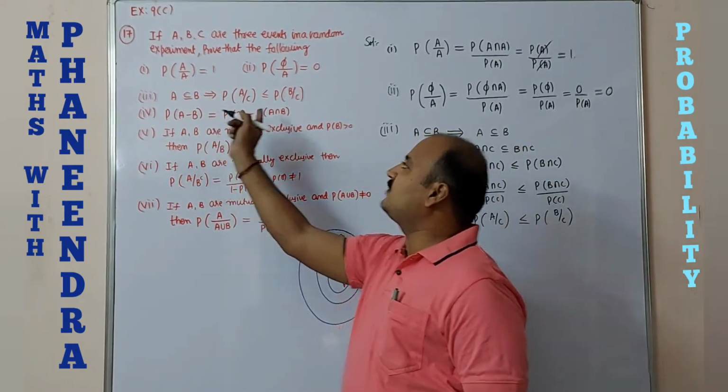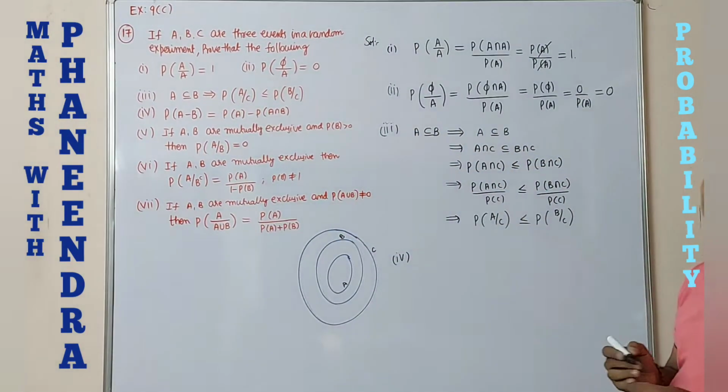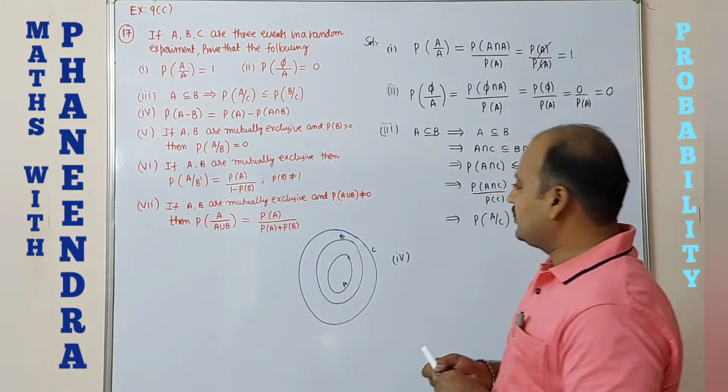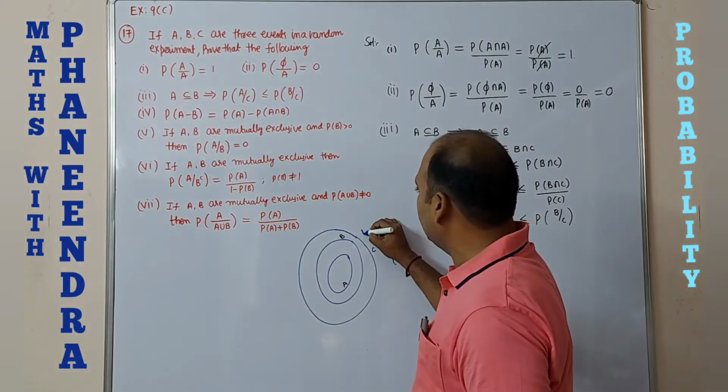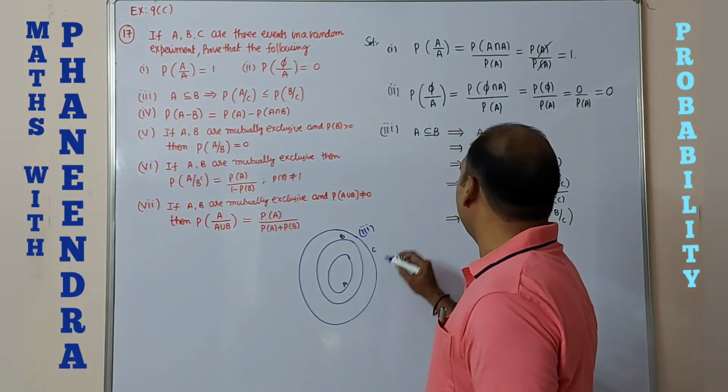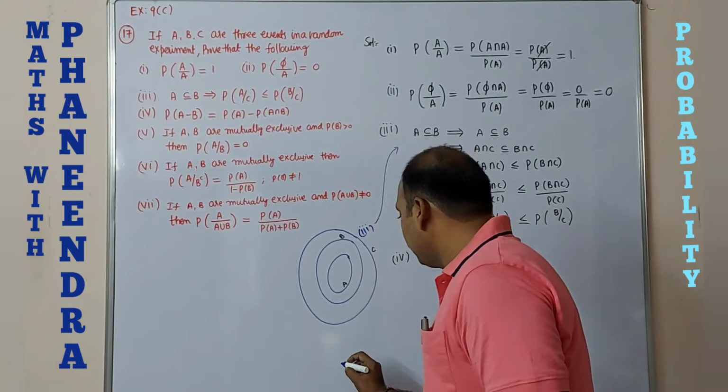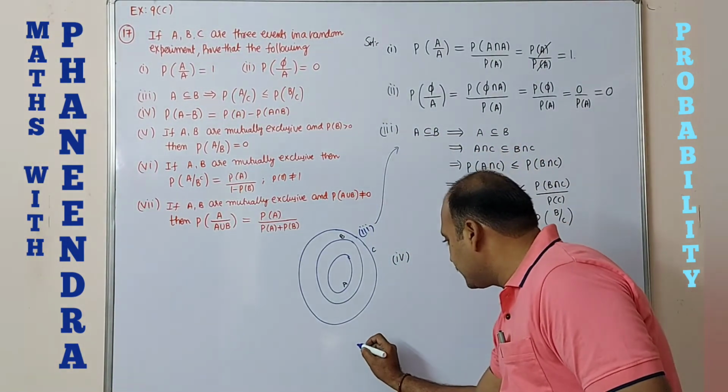P of A minus B is equal to P of A minus P of A intersection B. See how to do this type of thing. The previous figure is related to Roman numeral 3. For Roman numeral 4, the figure will come like this, my dear students.